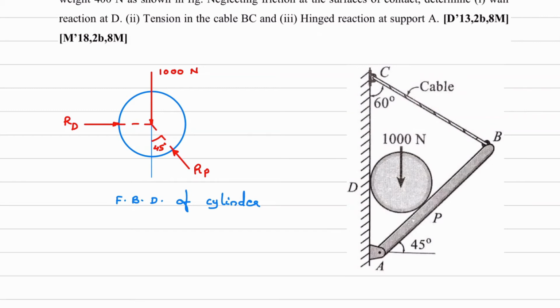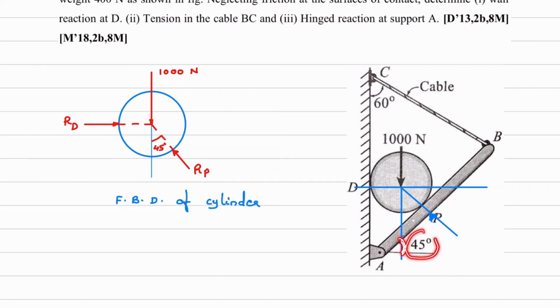Okay, now what about the angle? Now if you see this angle, understand how I have shown the angle over here. This is horizontal, suppose, and this is vertical, and suppose this is the reaction. Now this angle is how much?